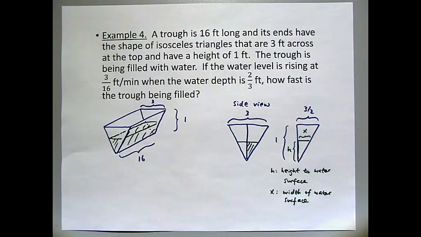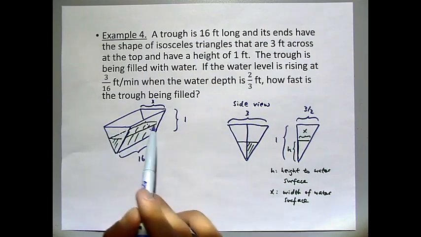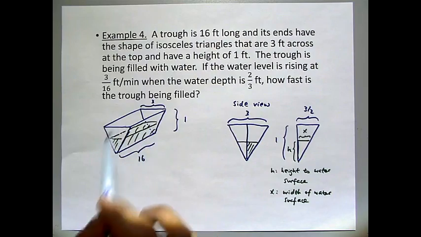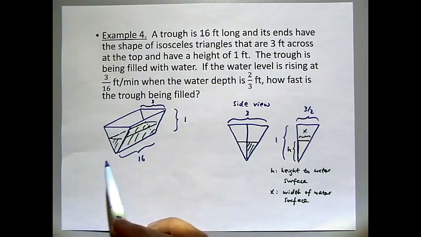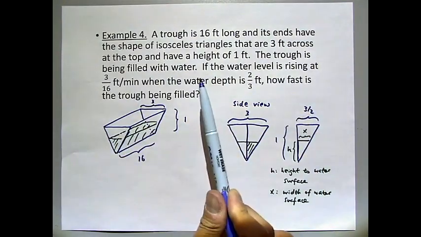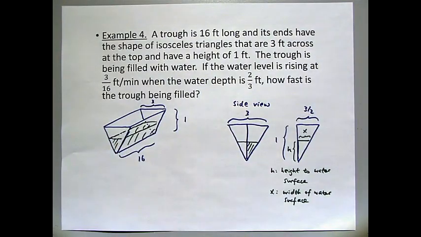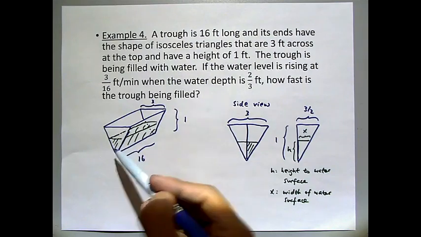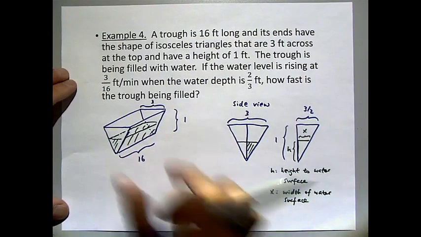Now let's think about how much water is in here. To find the volume of that green part, the water, you have to find the area of the triangle times 16, just like how you find the volume of a cylinder. The area of the triangle times 16 for how long it is.